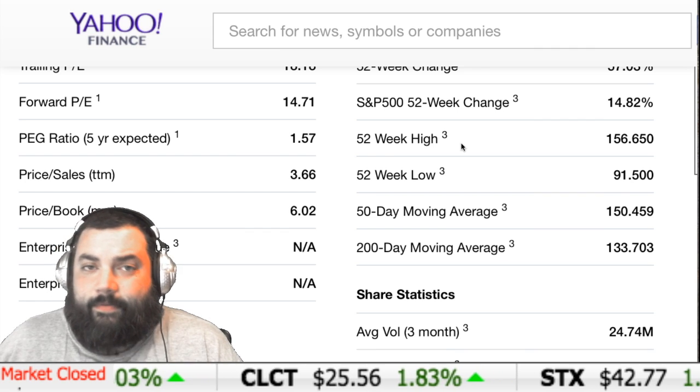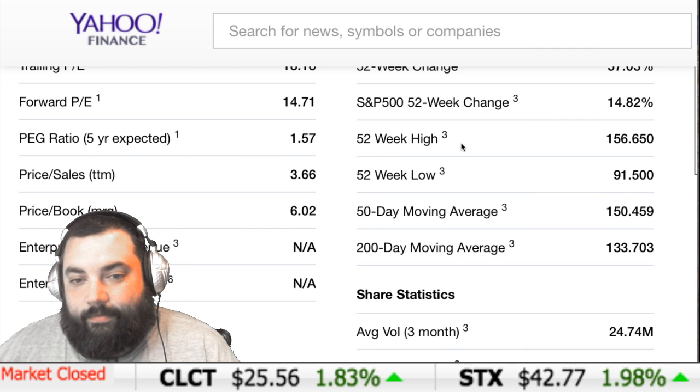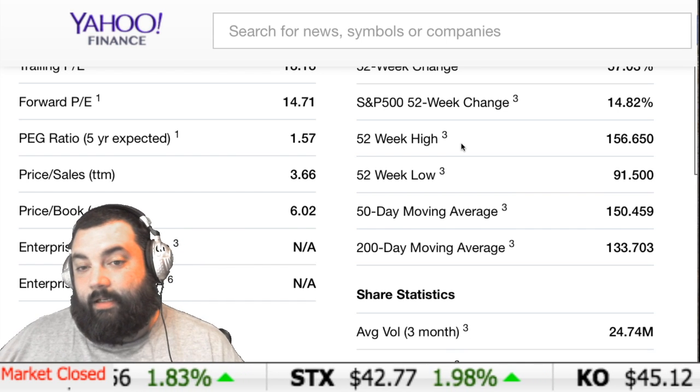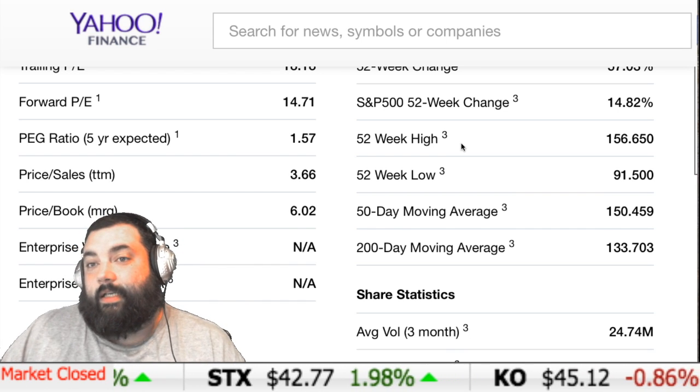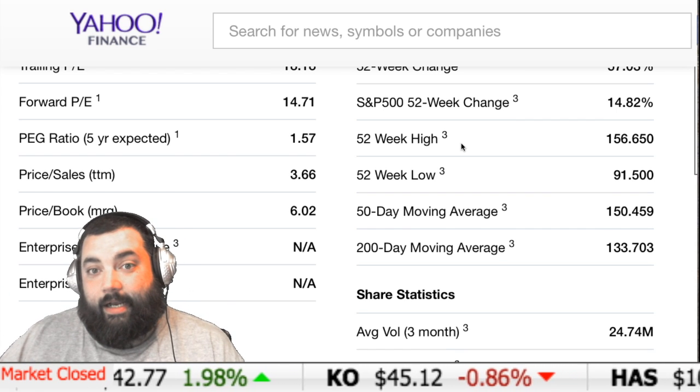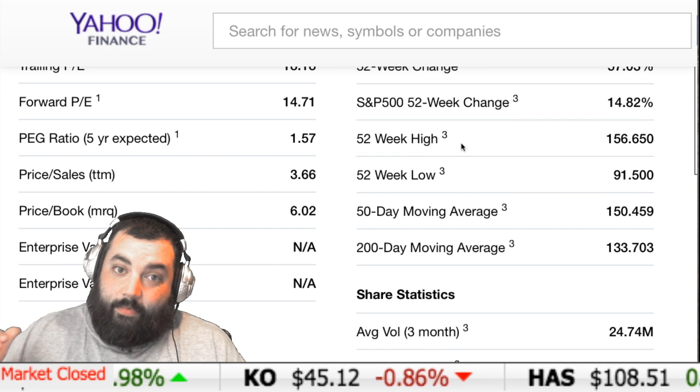And when they talk about a new 52-week high, the 52-week high is the highest price over the last year. People look for those indicators when a stock hits its 52-week high or a new all-time high. That's a good sign of momentum.